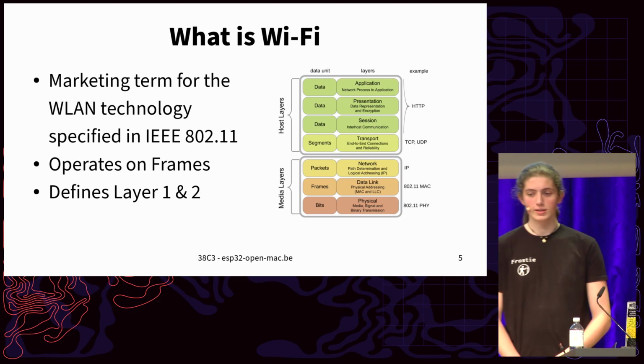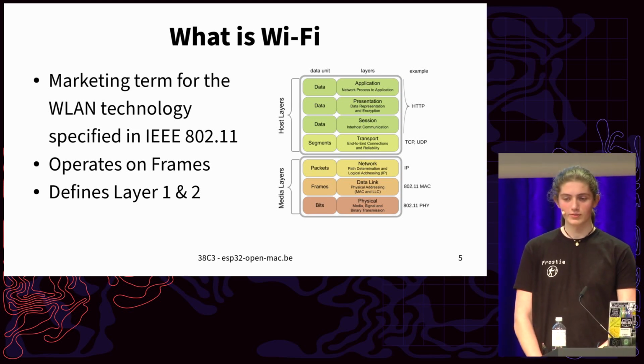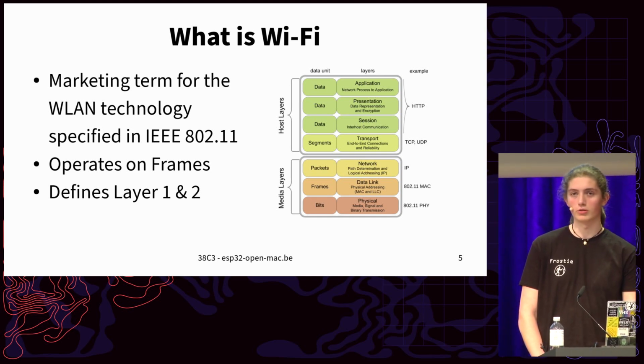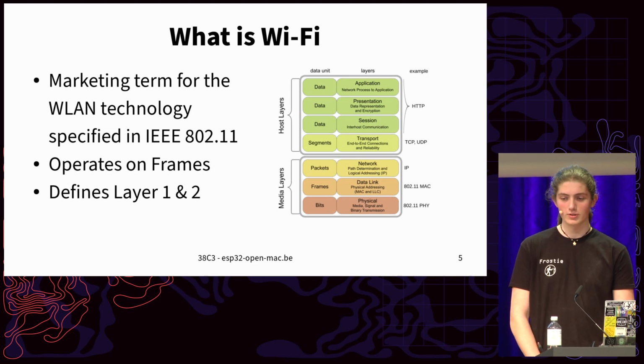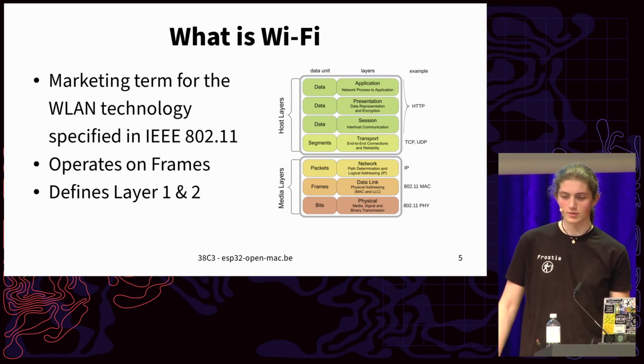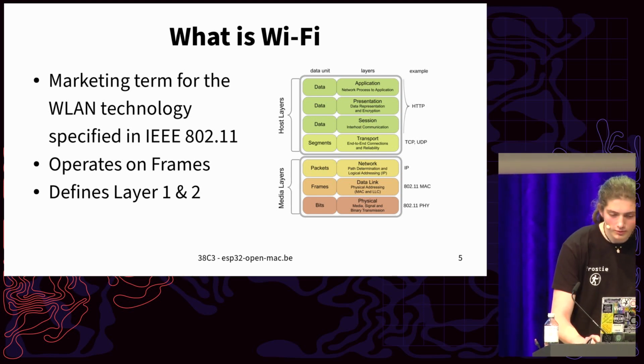And just like Ethernet, Wi-Fi specifies layer 1 and 2. However, unlike Ethernet, Wi-Fi does not use wires for communication. It instead uses radio communications. And it therefore also uses a shared medium. Also, it operates on frames like Ethernet, so blocks of data that are transferred between the different devices, in this case over radio.